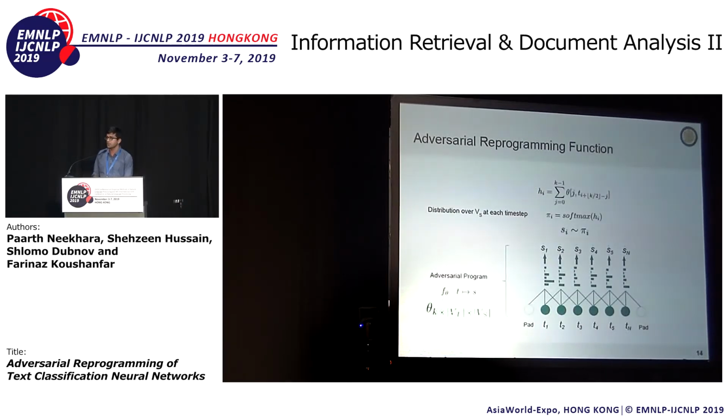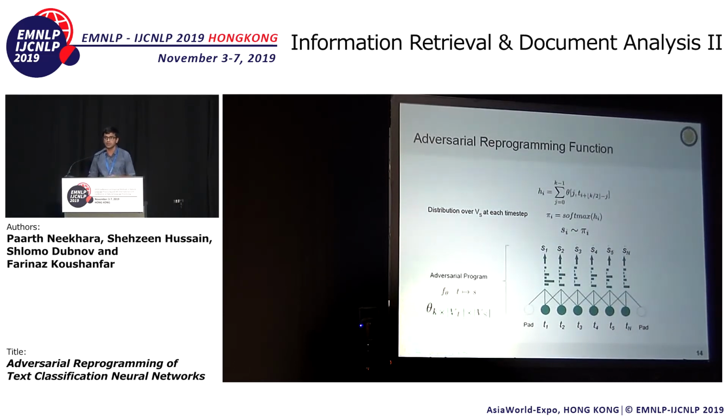So what we instead propose is what we call a context-based reprogramming function, where if we want to map a token T3 to, let's say, a token S3 in our original vocabulary, we look at the surrounding context of T3, generate a probability distribution over our original vocabulary, and then sample a token from it. So it's looking at a context and predicting a token in our original vocabulary.